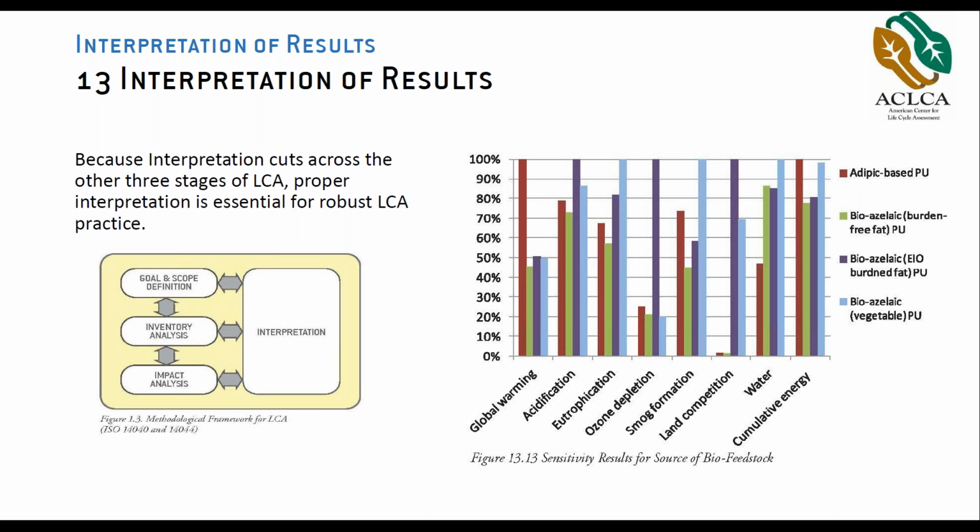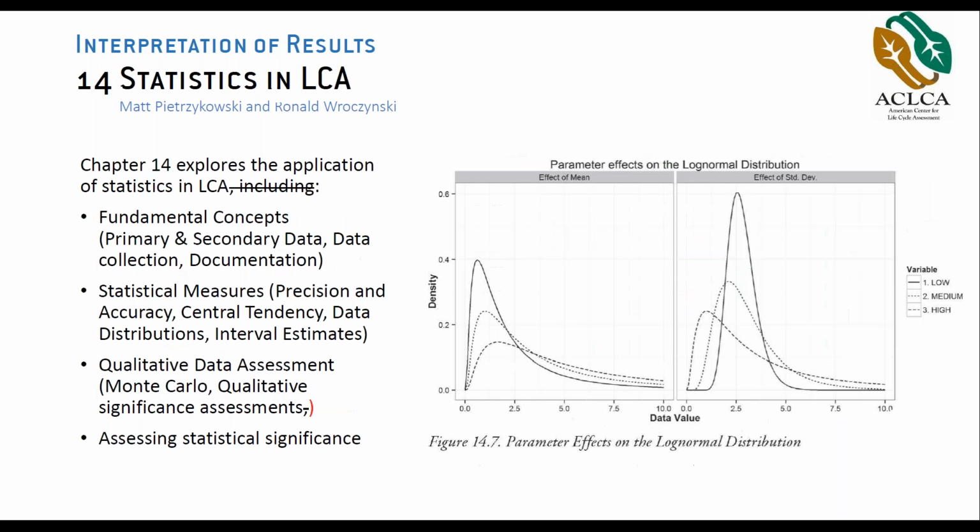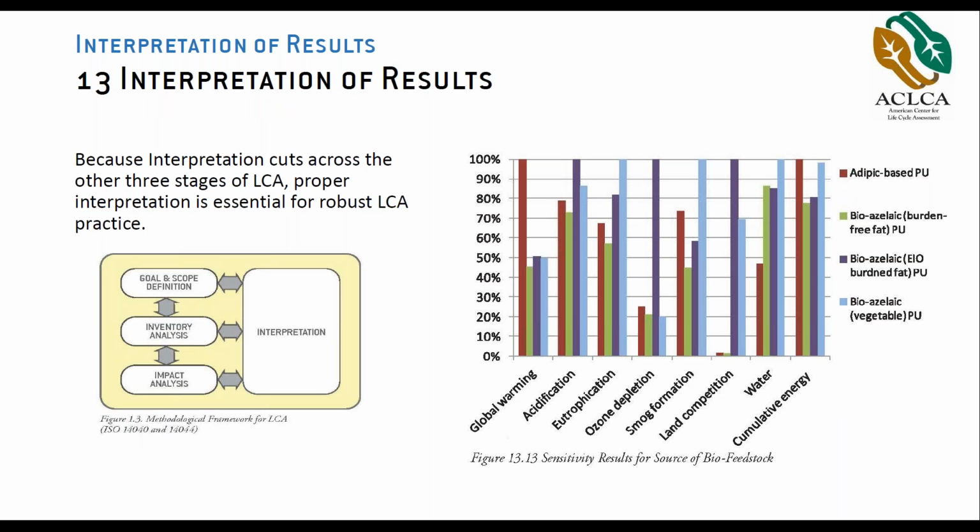And as you all know, you have to practically cross your eyes in order to see some of these results for different impact categories for different products. So how you interpret it is important. I wish we had actually more pictures from it because they had great pictures in this chapter.